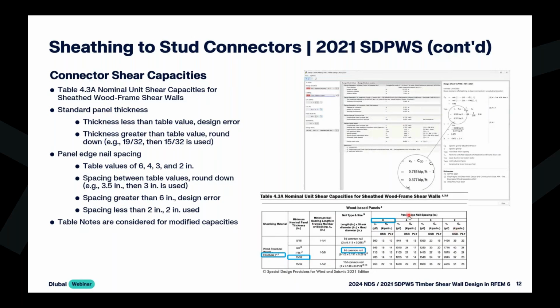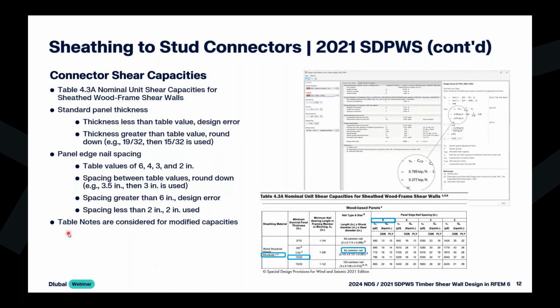If you have defined in RFEM a spacing that isn't in between these values, so for example, 3.5 inches, or if you defined here 5 inches, we're always going to round down to the closest value that's given here directly in the table. If you use a nail spacing greater than 6 inches, you're going to get a design error. The SDPWS code does not allow this, so therefore neither does RFEM. Then finally, if you're using a spacing less than 2 inches, again, we take the conservative approach and we will just use the capacity here for 2 inches.